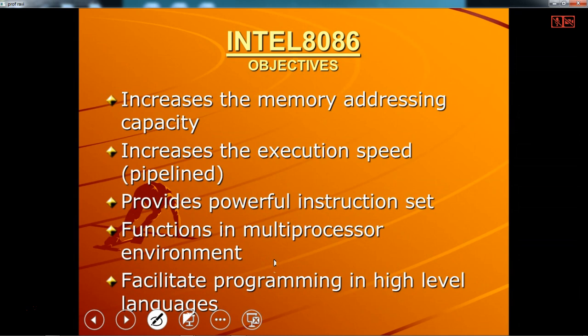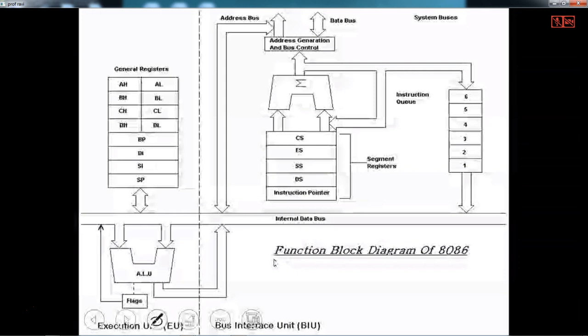Now let me show you the architecture of 8086. Give it a glance. In the last class I gave you an introduction to this. Now, the architecture of the microprocessor is divided into two units.